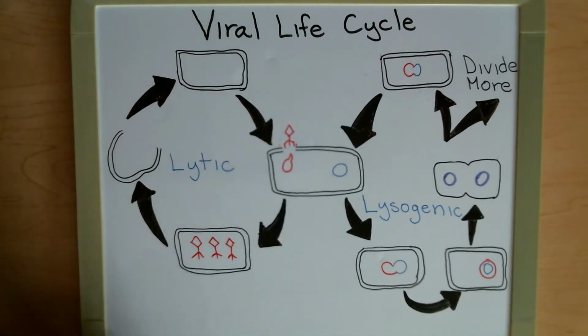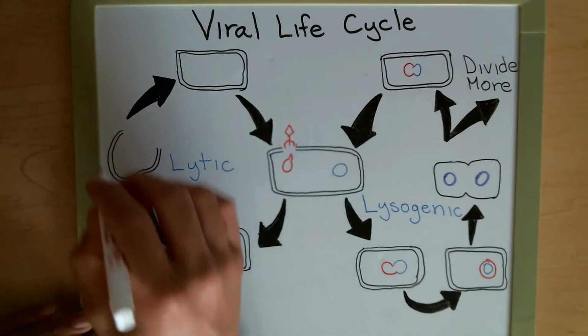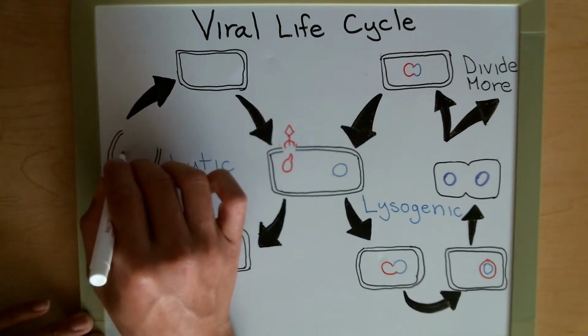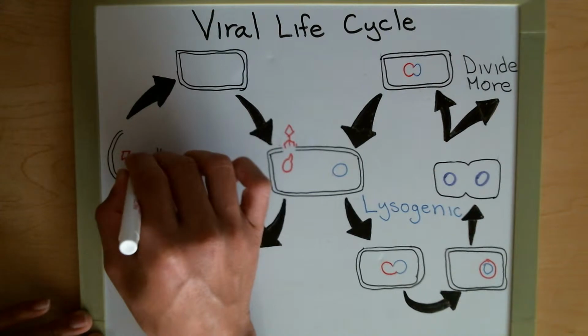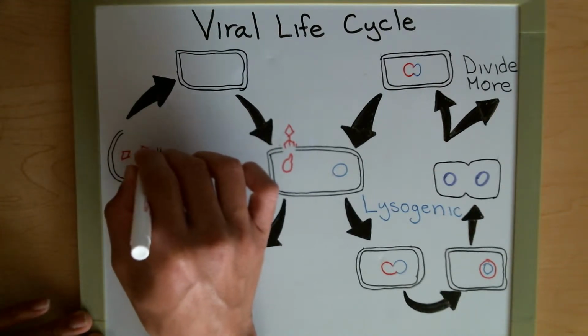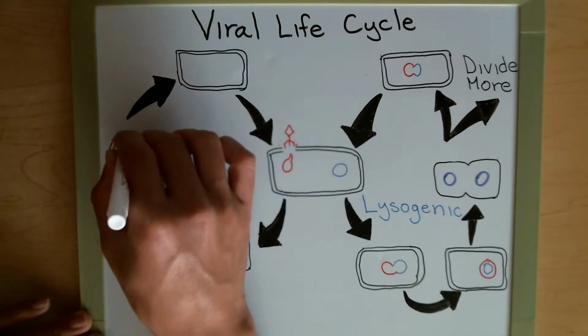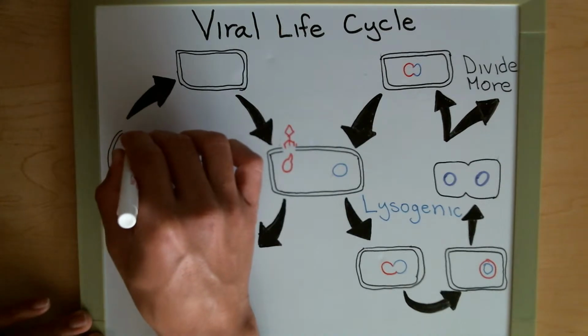At this point, we actually have assembled viruses inside of our bacteria. They have taken over the host cell machinery, and at a point where they have become too much for the cell to handle, they will eventually burst out from the host cell and enter the surrounding environment.